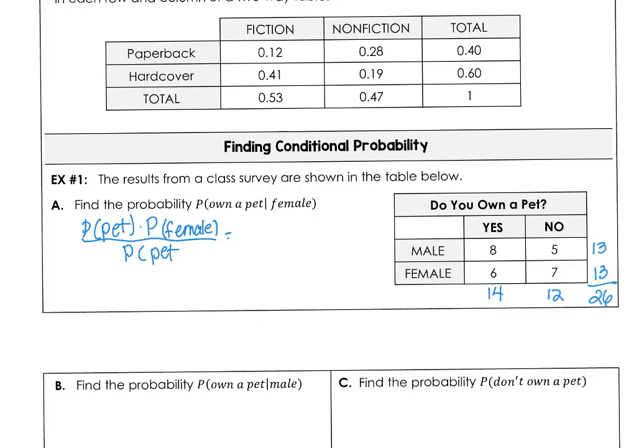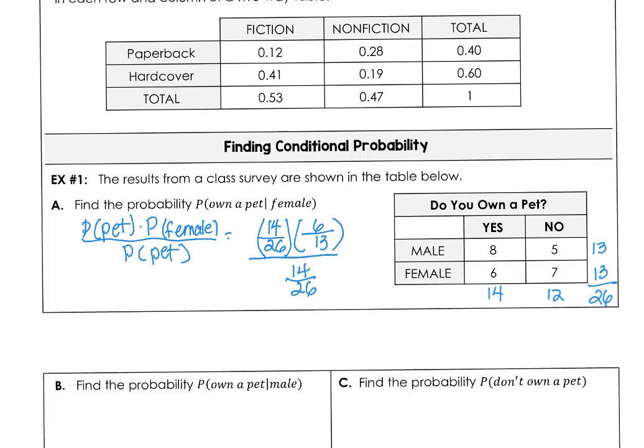Then to find the probability that you own a pet, that would be 14 out of 26. And the probability that the pet's a female would be 6 out of 13. And dividing by the probability that you own a pet, that was 14 out of 26.